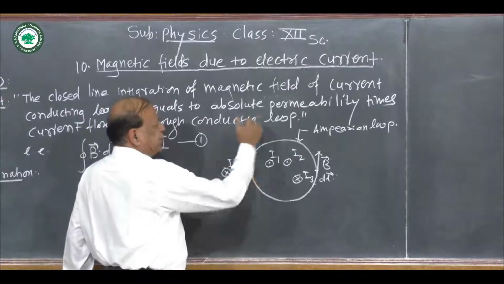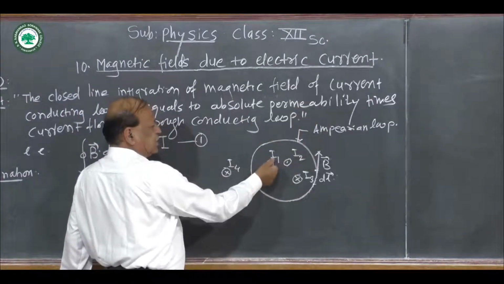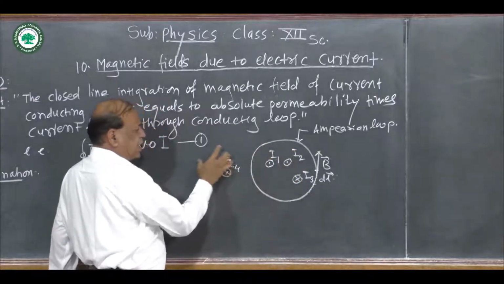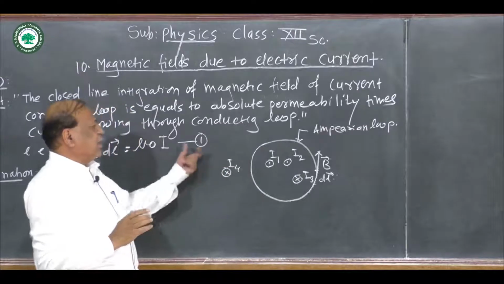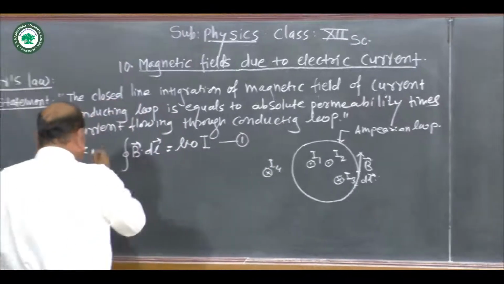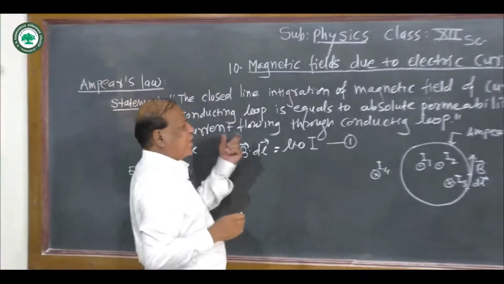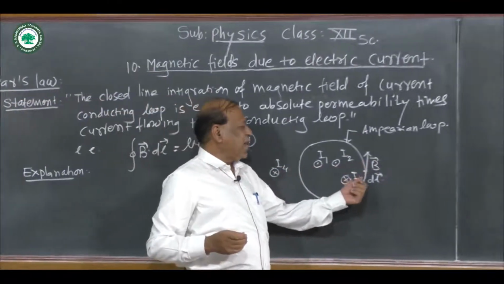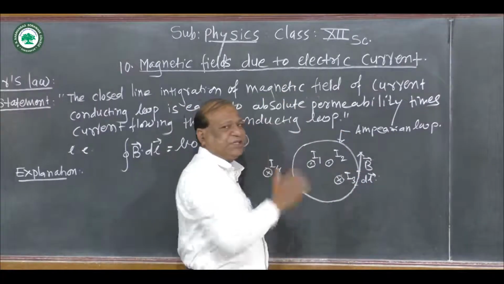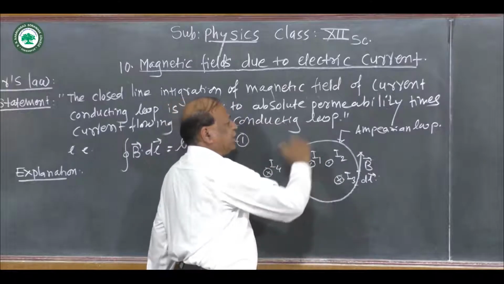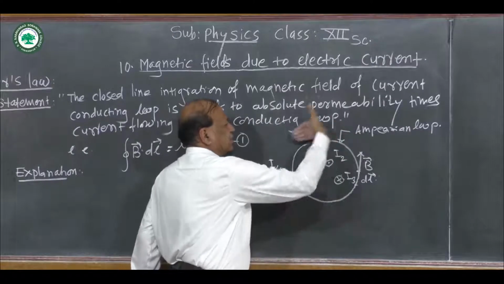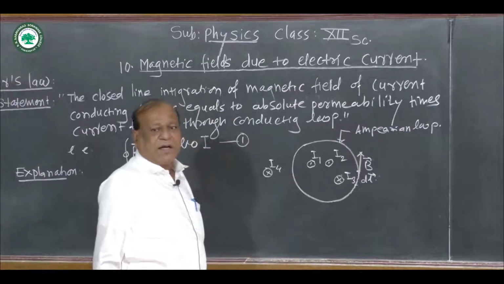In this Amperian loop, I1, I2 and I3 are currents inside it, and this current I4 is outside the Amperian loop. According to the Biot-Savart law, this magnetic field B and this length element dl both are tangential to that Amperian loop, and the direction of current will be shown by the right hand rule here.